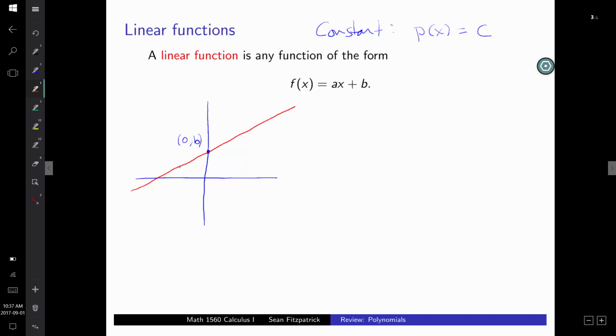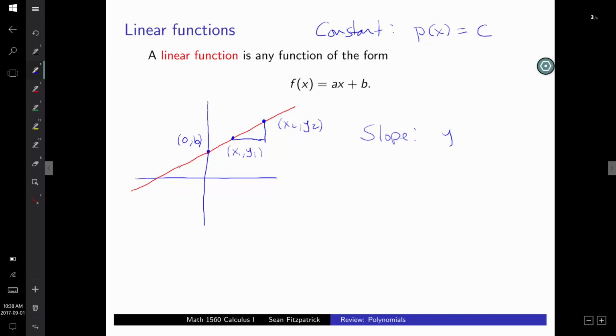And so where the slope comes in here, if I choose 2 points on my line, so if this is a point, say (x1, y1), and this is a point (x2, y2). The slope is rise over run, right?